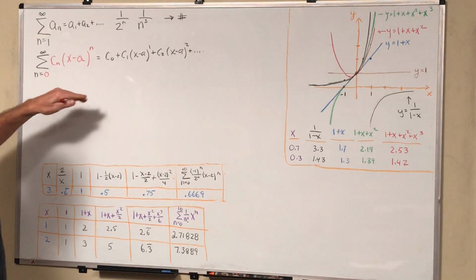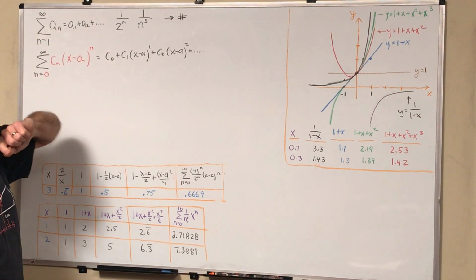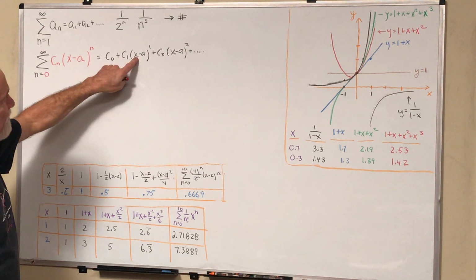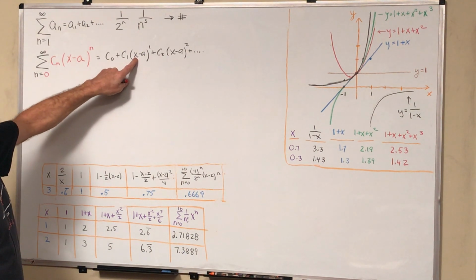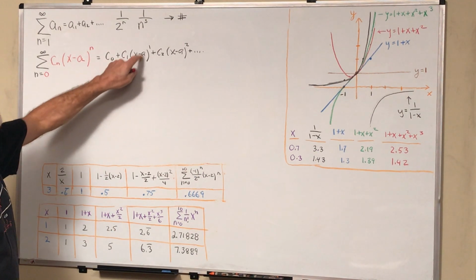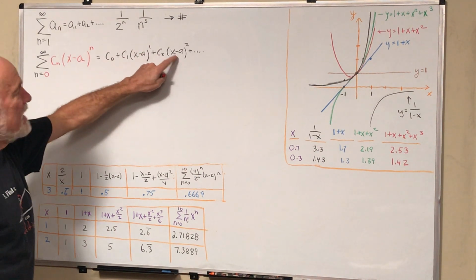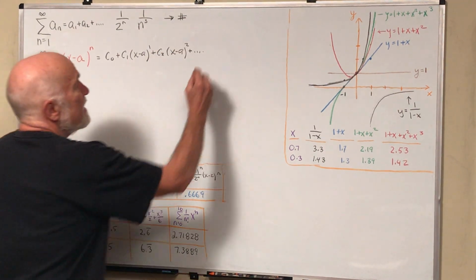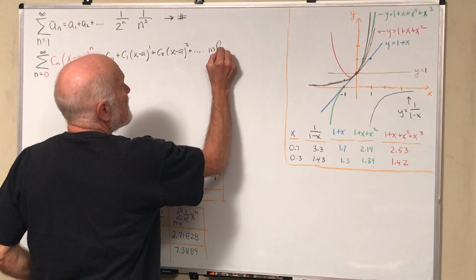But it's not a series of just numbers that you're adding up now. Now we have a variable x in here. So we have x to the 0 power, a constant, plus something times x to the first power, plus something times x to the second power. What we have is an infinite polynomial.